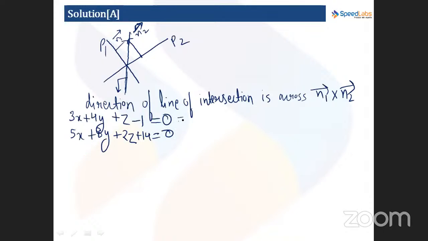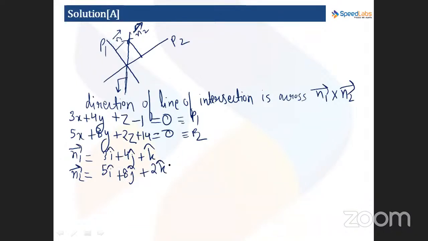So if I consider this as plane 1 and this as plane 2, then n1 vector is 3i cap plus 4j cap plus k cap. I told you the normal vector is the coefficients of x, y, z with i cap, j cap and k cap. And what is n2 vector? N2 vector is 5i cap plus 8j cap plus 2k cap.